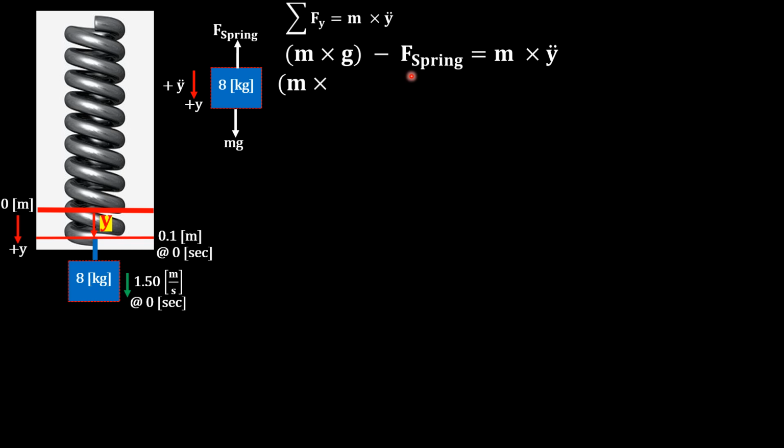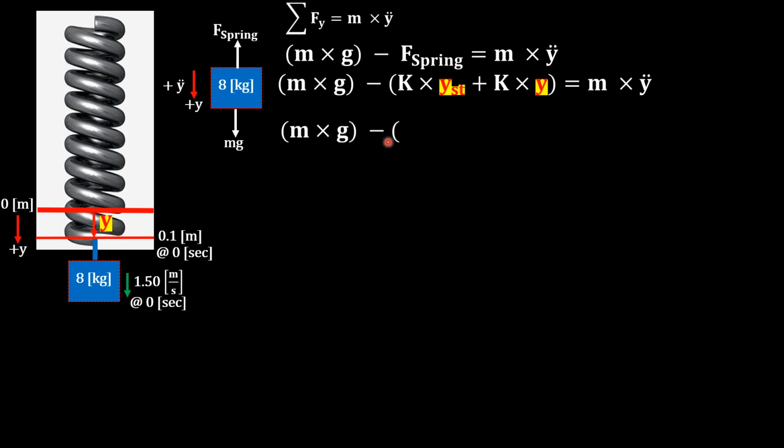So here we will say mass times gravity minus the spring stiffness k times the first change that happened due to the stretch from the hanging mass, plus y, the amount the spring got stretched due to the displaced block, equals mass times acceleration.